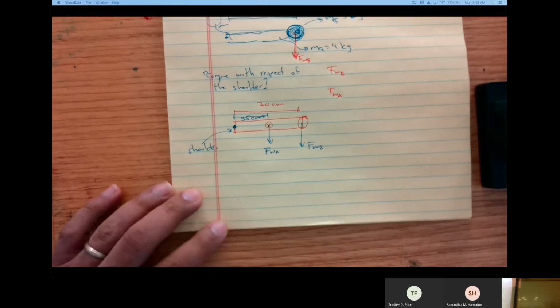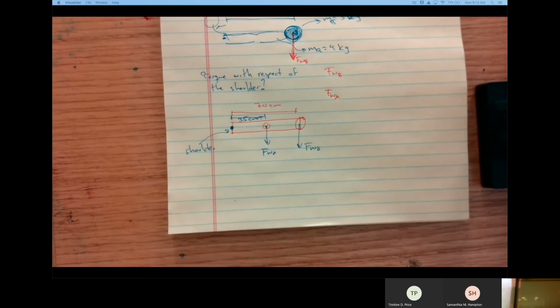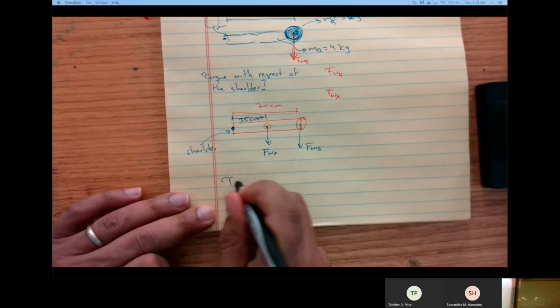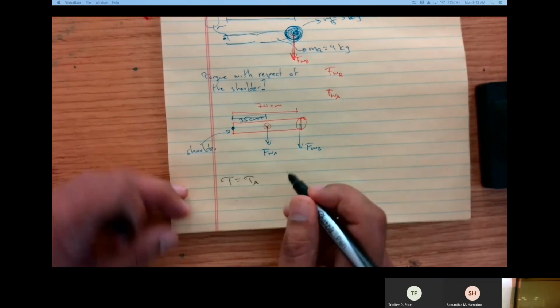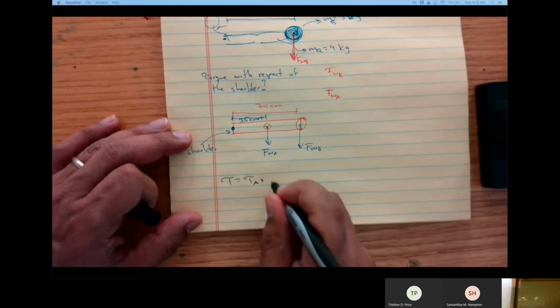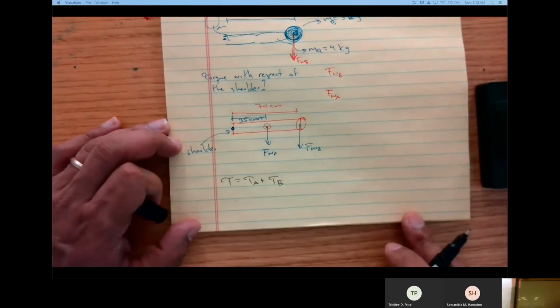Okay, so now we can calculate that torque. So the torque is going to be the torque created by the arm plus the torque created by the ball. Now this is my pivot point.